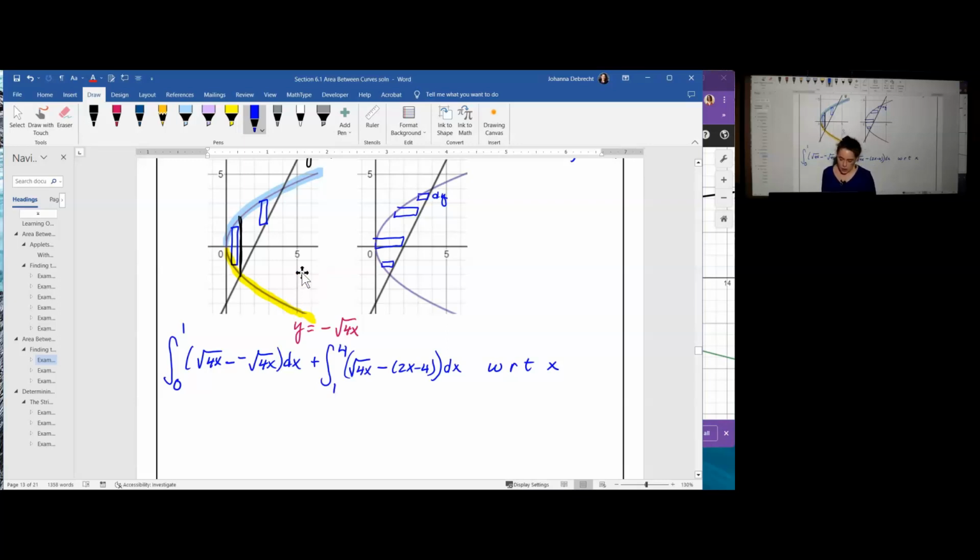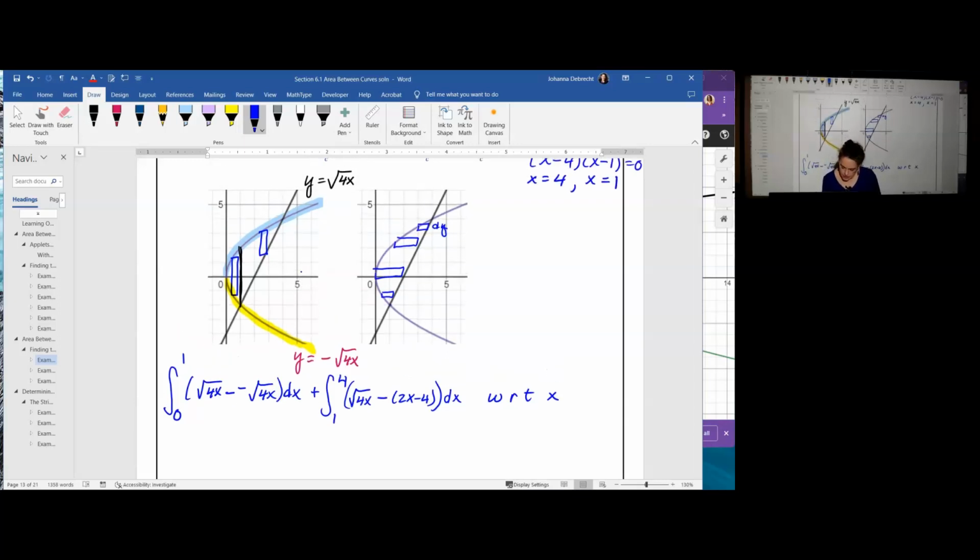I already know that the x coordinates of the intersection points are 1 and 4. To find the y value, I can substitute it into either equation, either the square root of 4x on top or the line, or negative square root of 4x on the bottom or the line.